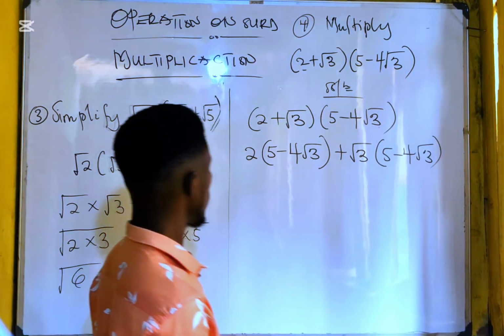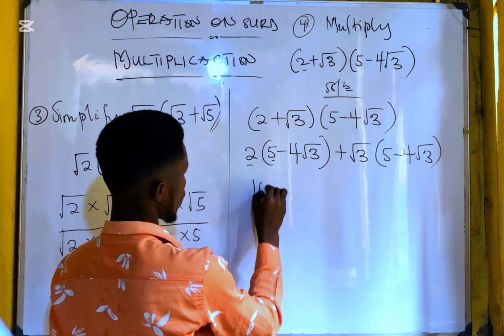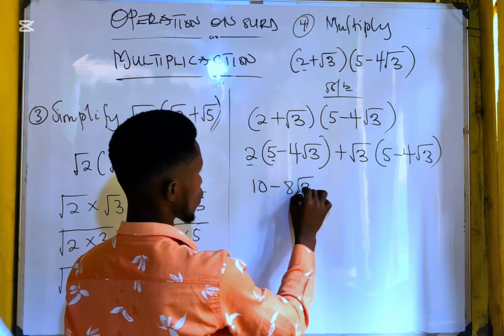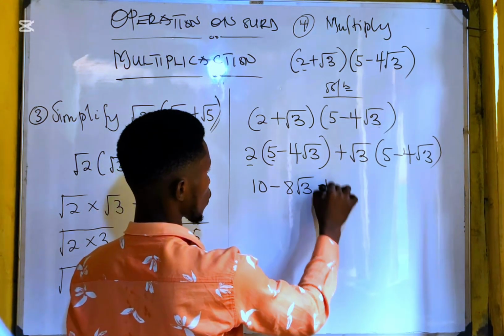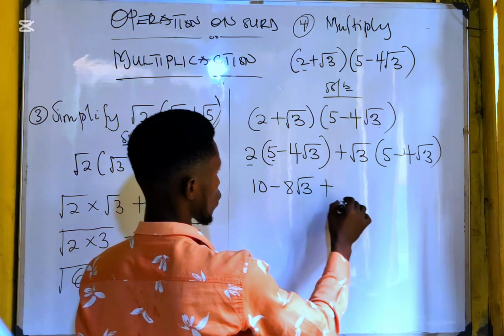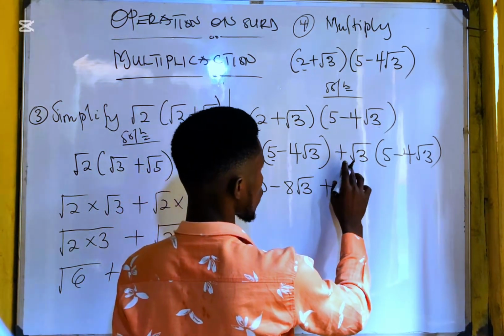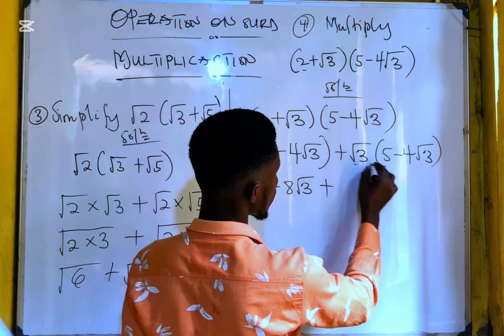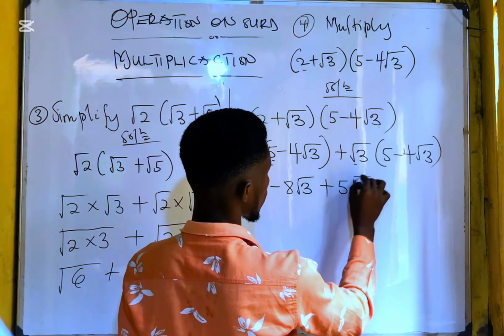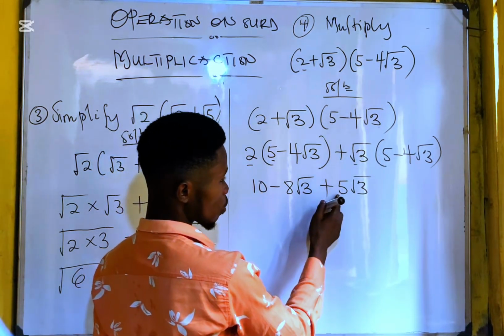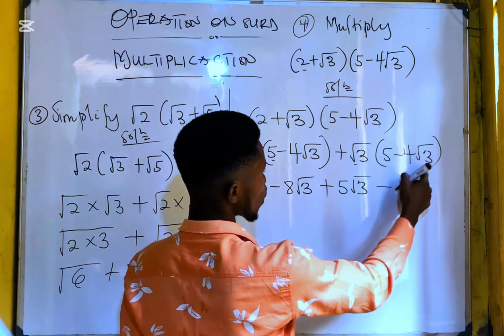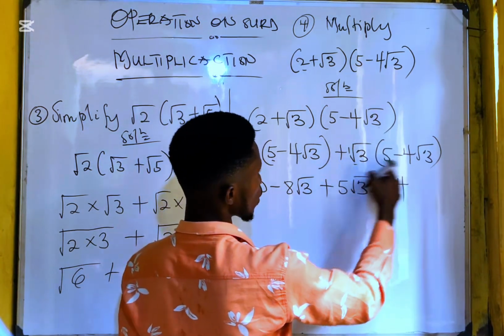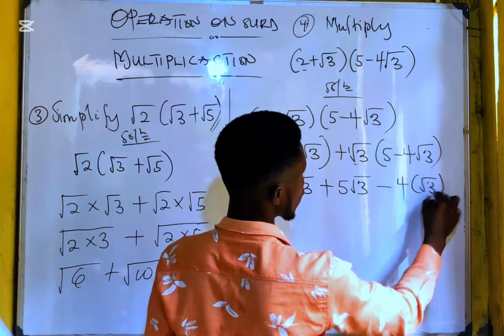Good. Now, 2 multiplied by 5, you get 10. 2 multiplied by 4, you get 8 root 3. Then root 3 multiplied by 5, we have 5 root 3. Because the 5 cannot enter the root, we have to come here. Root 3 multiplied by this. Already this is 1, so 1 times 4 will be 4. Then root 3 times root 3 will be root of 3 squared.